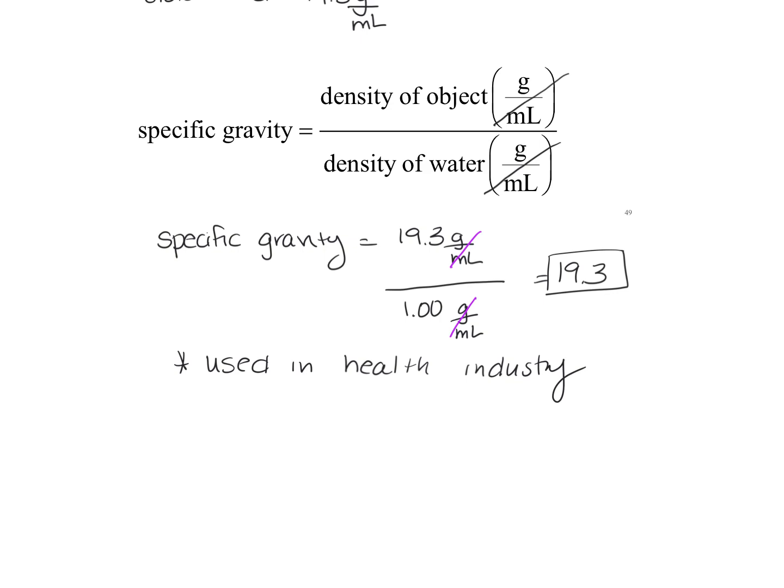It's used to test urine and blood samples. And so we go over this so that, years from now, when you get blood samples or urine samples and you see the specific gravity, you know that it relates to the density. It's a real world application that you'll see out there.